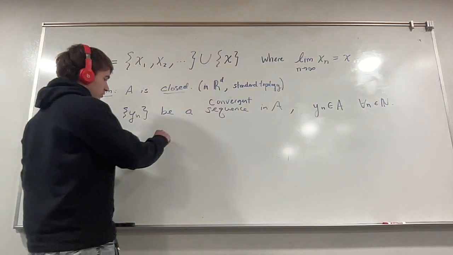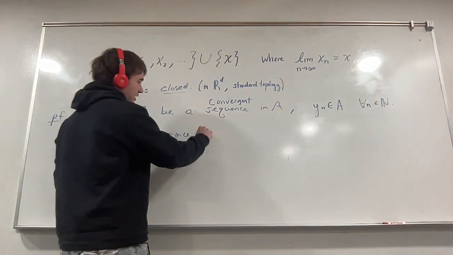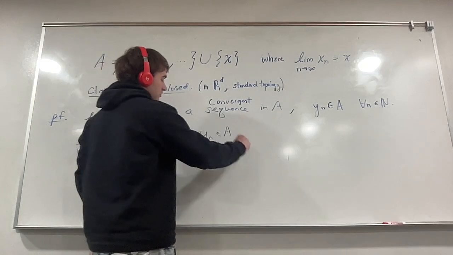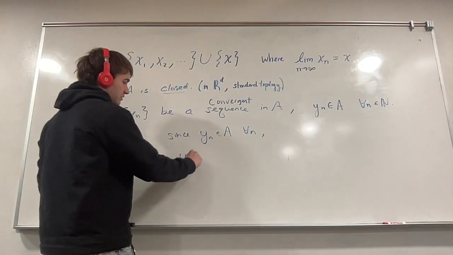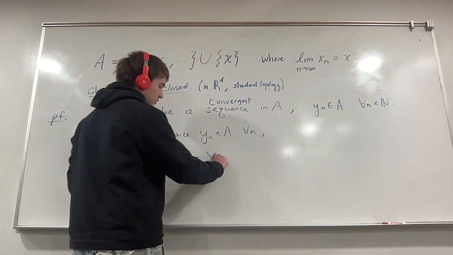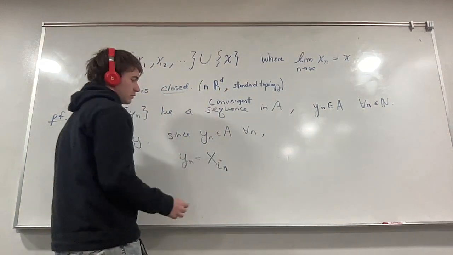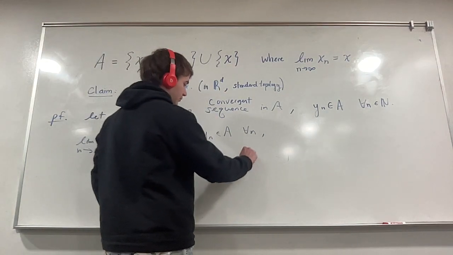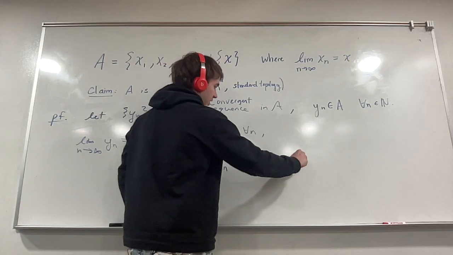Okay, so since y sub n belongs to A for all n, we can write y sub n equal to x sub i sub n for all n.